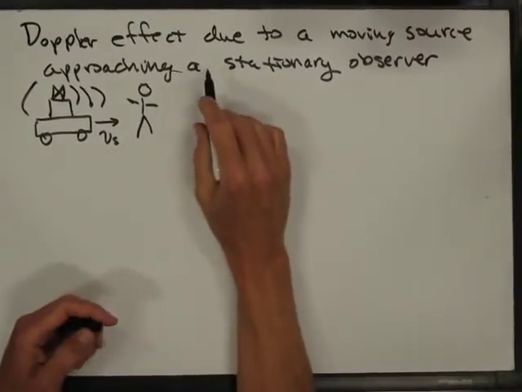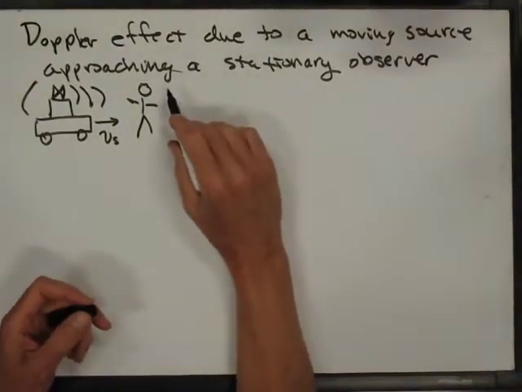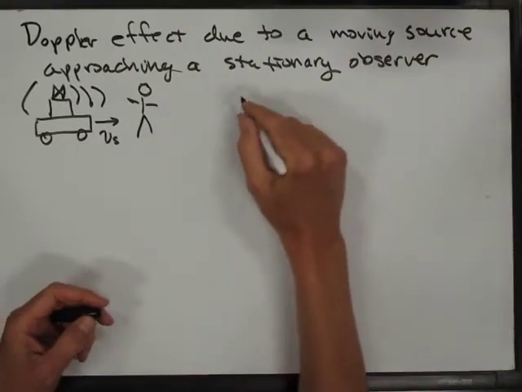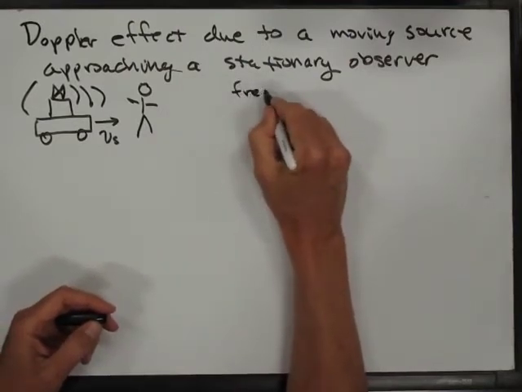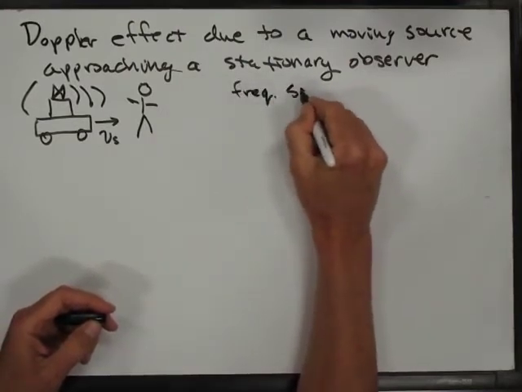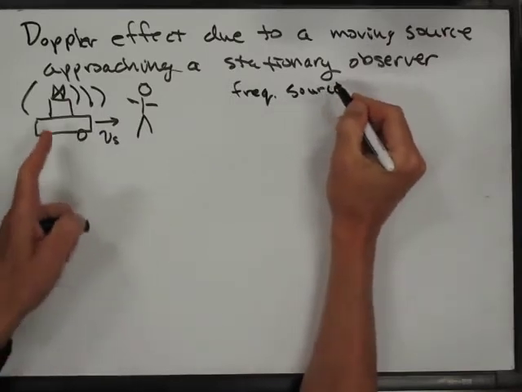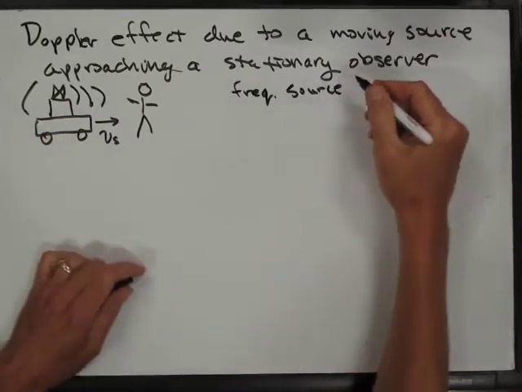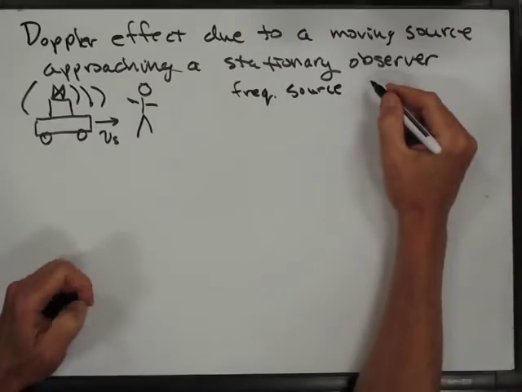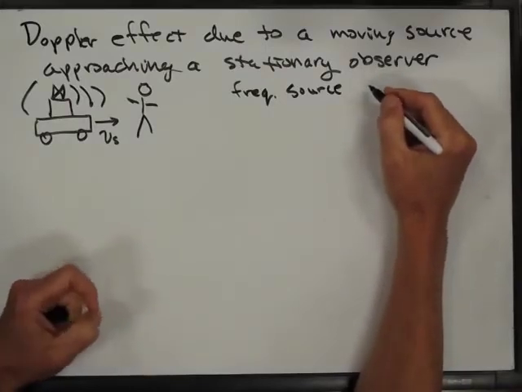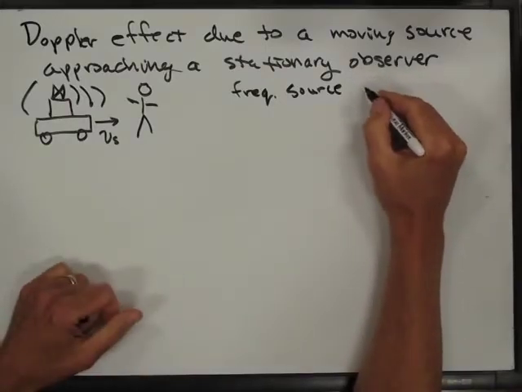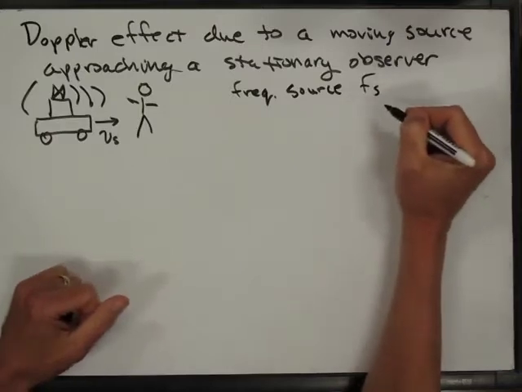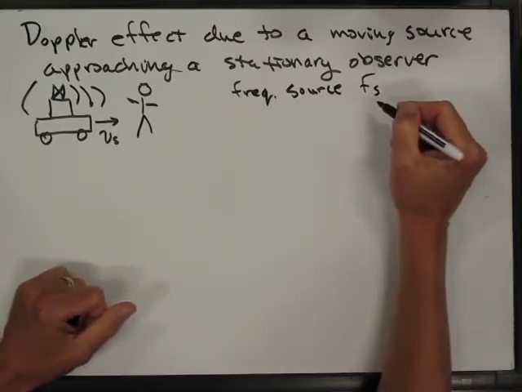So we're going to calculate the Doppler effect due to a moving source approaching a stationary observer. And so the frequency of the source, this is whatever's playing on your siren in your car. It might be an F sharp, or a C, middle C, it might be 260 hertz or something like that. We're just going to call it the frequency of the source, right?